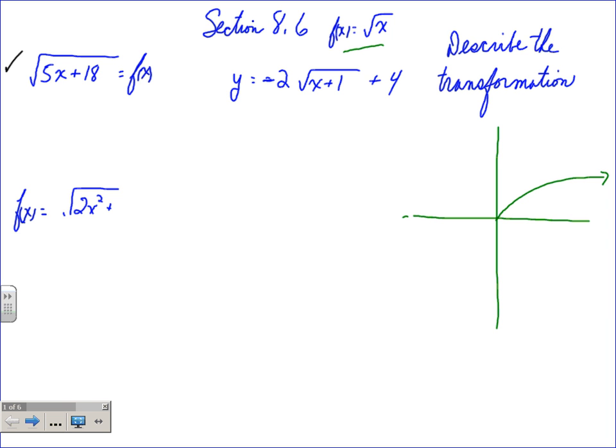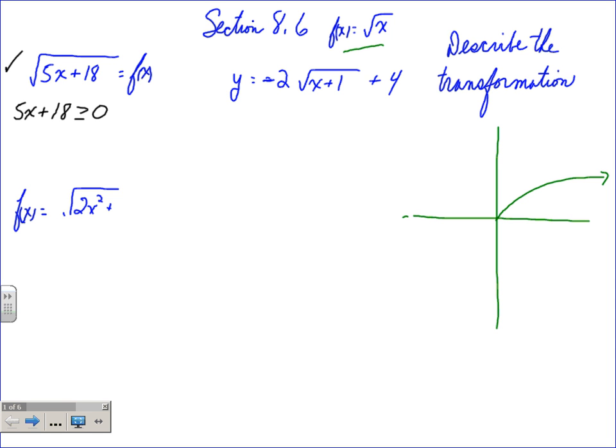Therefore, 5x plus 18 has to be greater than or equal to 0, because we can't have a value for x that's going to give me a negative number underneath the square root. That's not a function. It's not the definition of domain. We need real numbers. So what's underneath the radical has to be greater than or equal to 0.